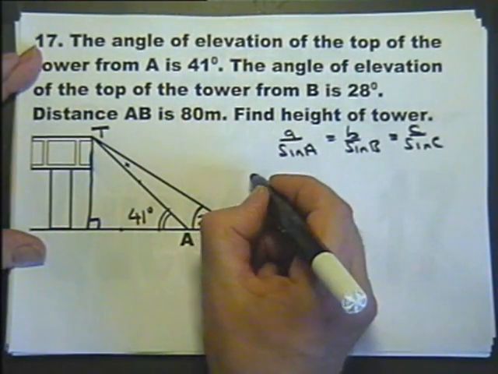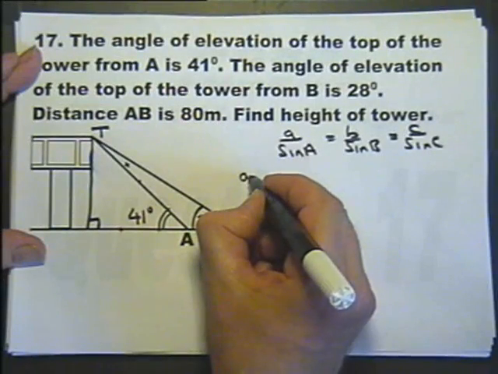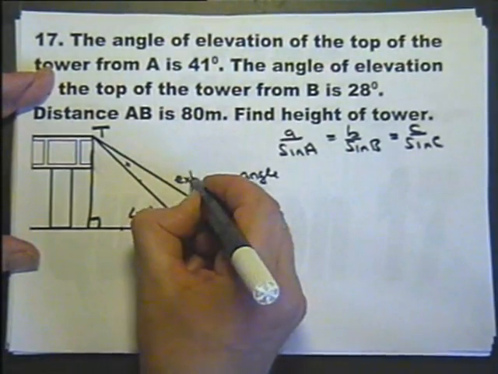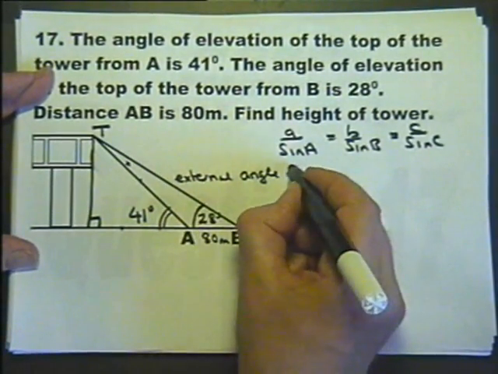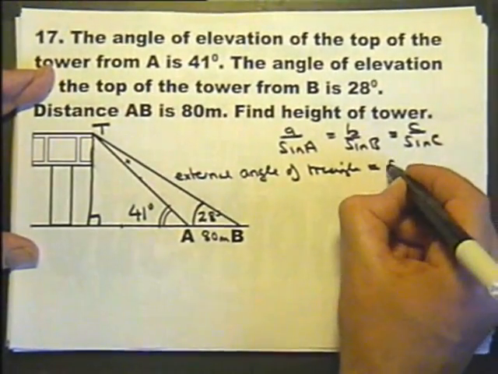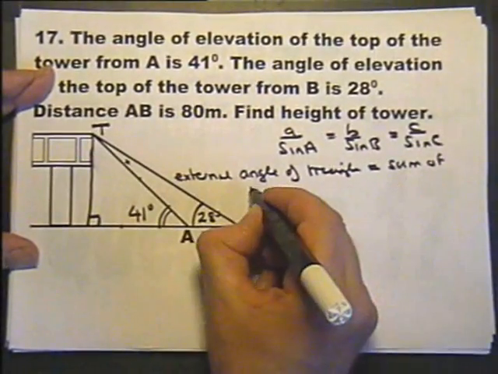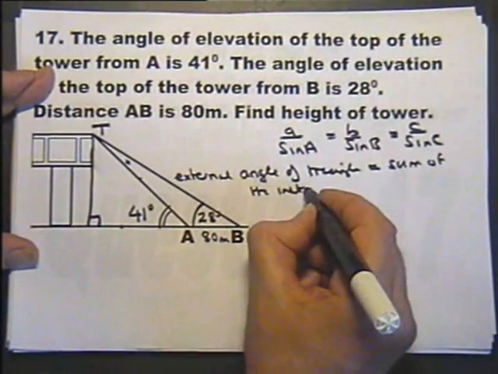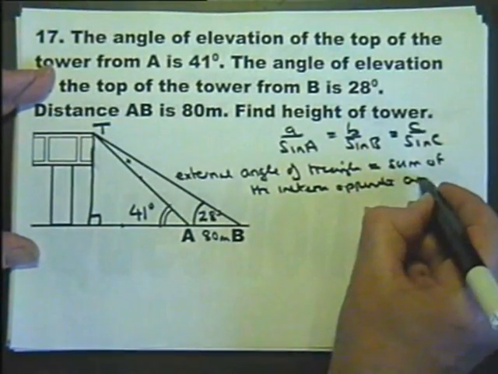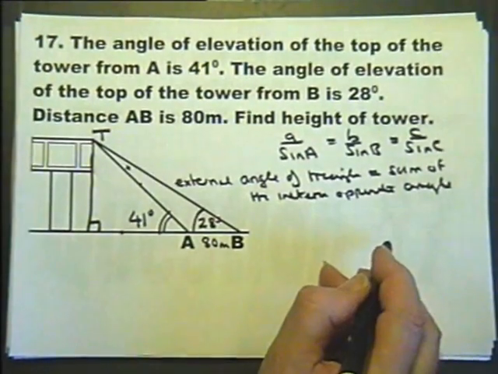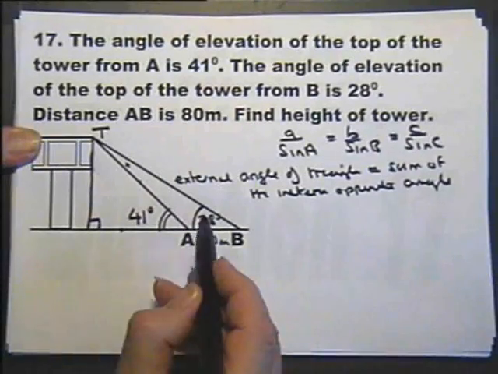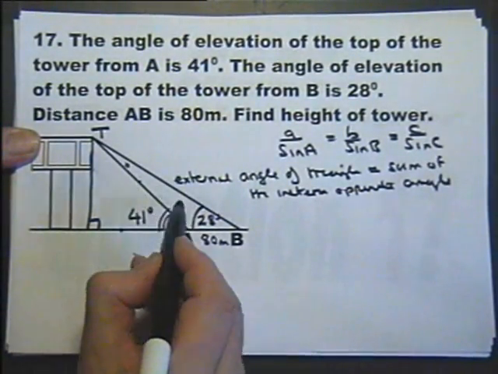Or I can use this piece of information: the external angle of a triangle equals the sum of the interior opposite angles. Now that's not a circle theorem, that's an ordinary angle theorem. The external angle of a triangle is the sum of the interior opposite. In other words, that 41 equals those two added together.